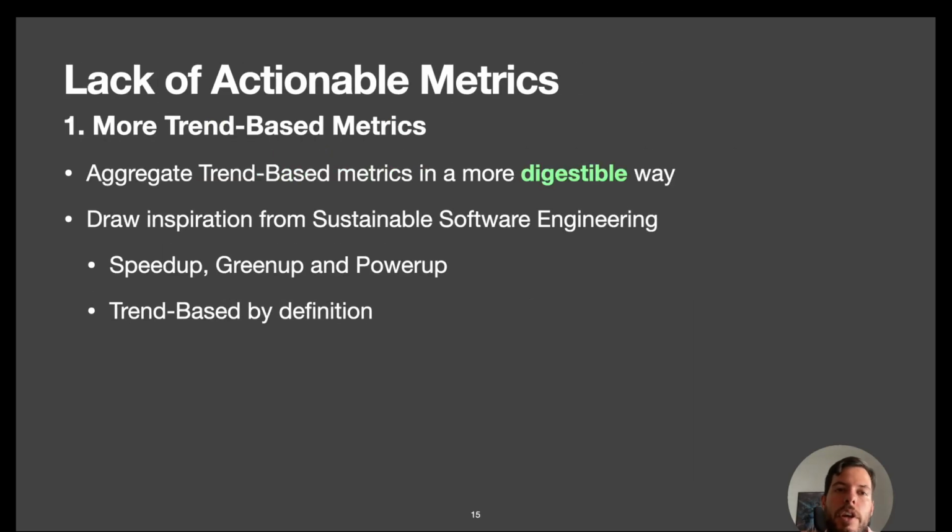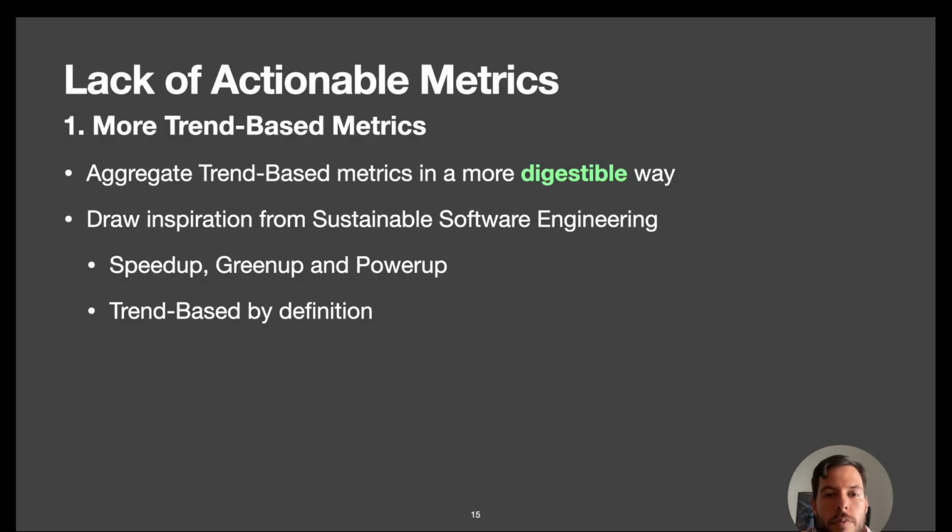And then for the lack of actionable metrics, we have multiple research avenues. First is working more with trend-based metrics. As we saw, the trend-based metrics can give a good insight when iterating over different possible designs. So one suggestion would be to aggregate this into a more digestible way that can be more actionable.